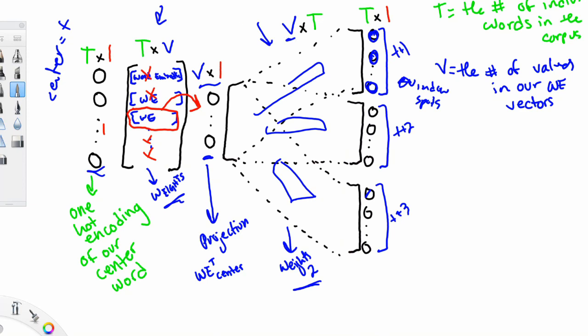So when we take the dot product between our projection layer and the second weight matrix, what happens? Well, each of the nodes in our output layer effectively becomes the dot product of the two vectors. One of them is transposed, of course, and that is our projection layer. So we have a vector in here, and a vector in here.